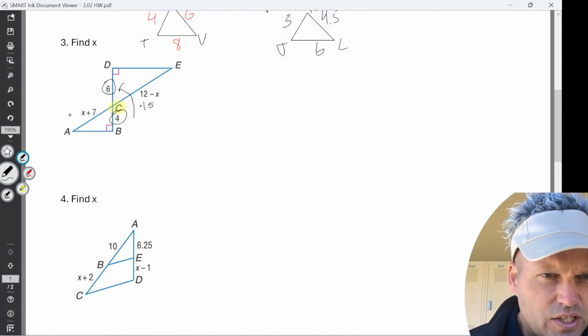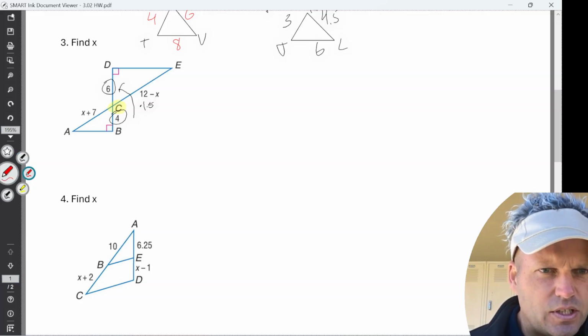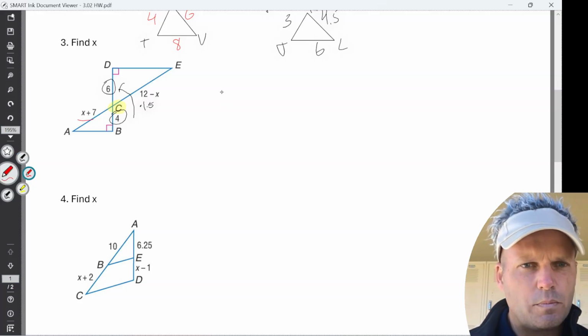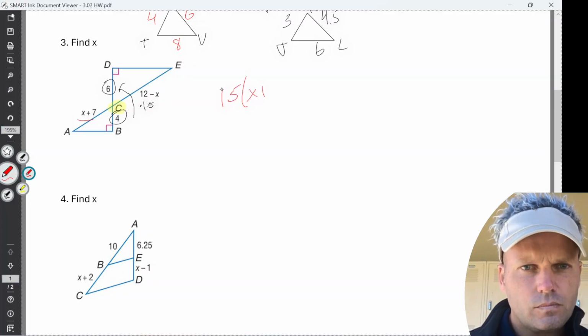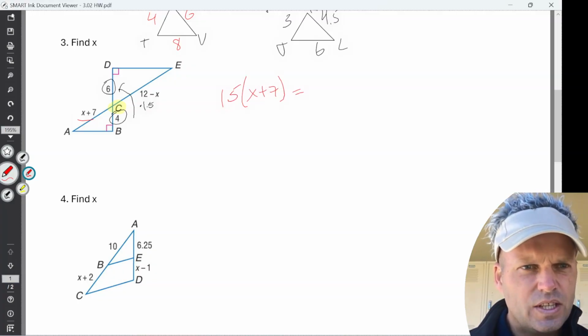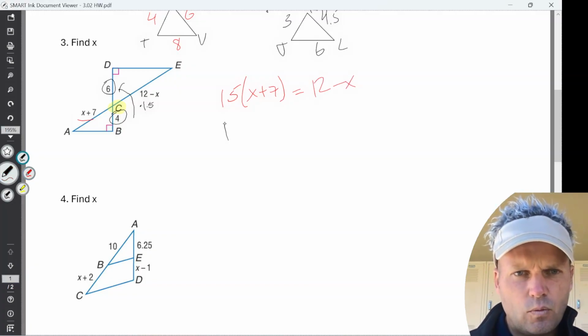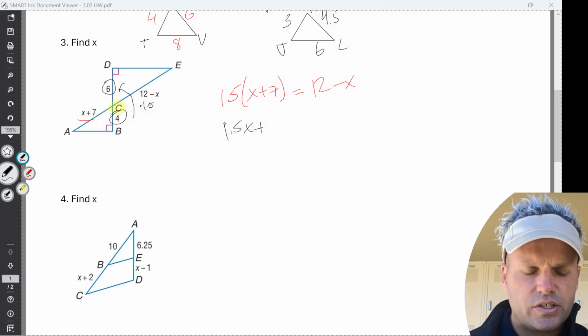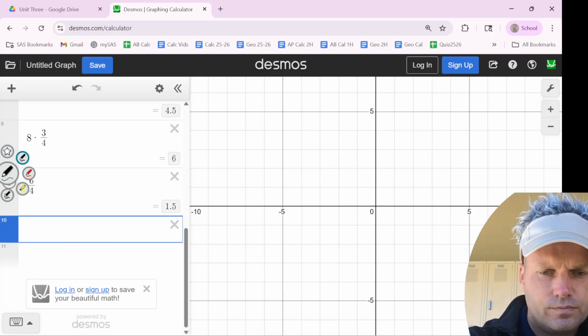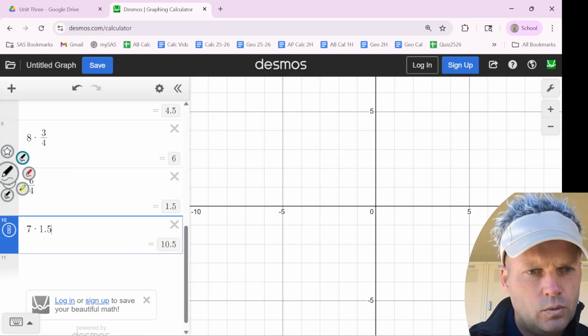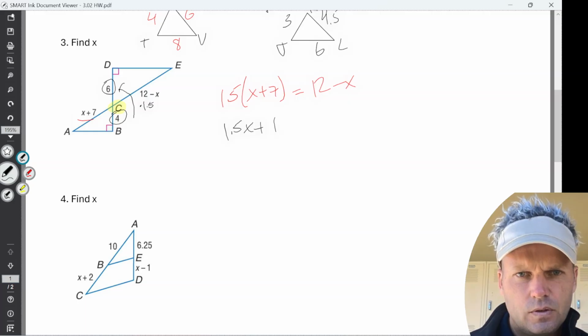So that means this AC length of x plus 7 times the 1.5 will equal the CE length of 12 minus x. So I have 1.5x plus 7 times 1.5, which is 10.5. That equals 12 minus x.